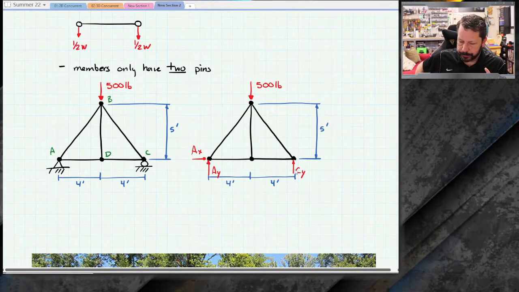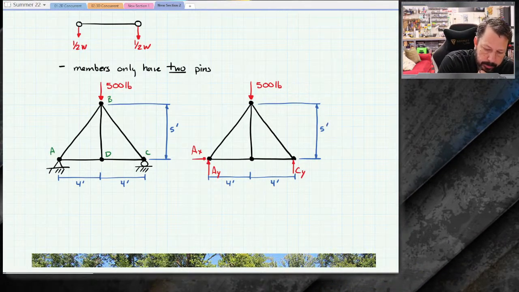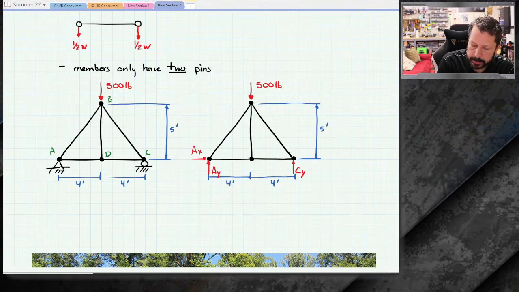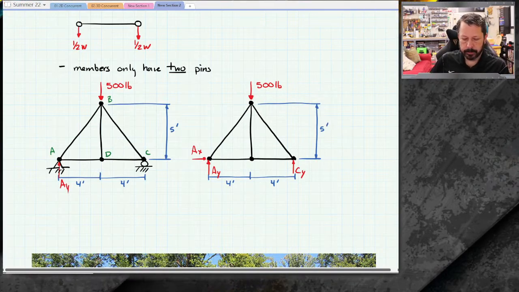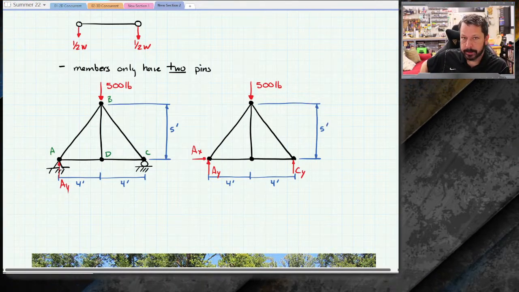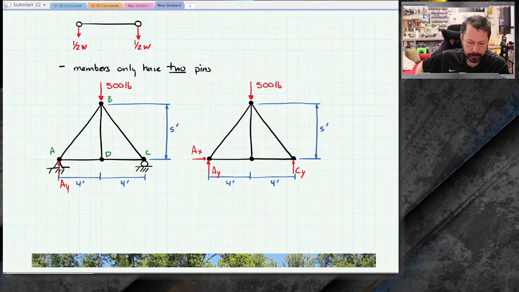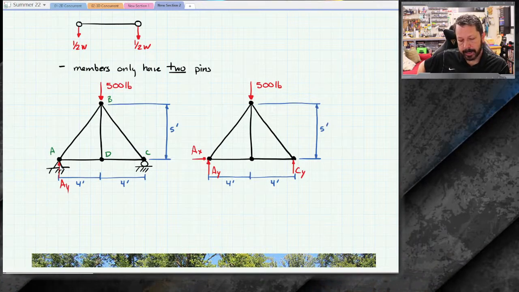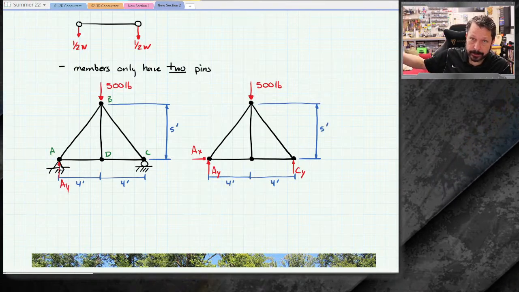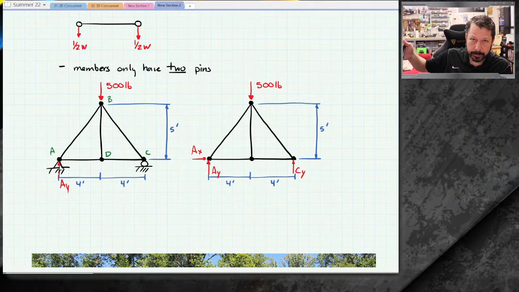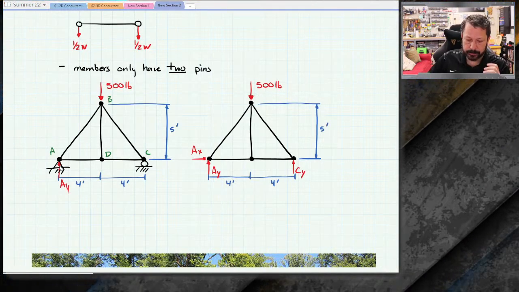What you don't want to do, and I know it's tempting to do this because you don't want to draw the thing twice, but say you said, well, I just want to save some time, and I'm going to put AY right there and BY or CY on top of the roller and all that. Okay, you save some time. What that might actually do is you come back and look at this, and it's a little unclear if there's a pin with another external force applied to it, like on top of that reaction, or if you are kind of saying that is the reaction from the pin.